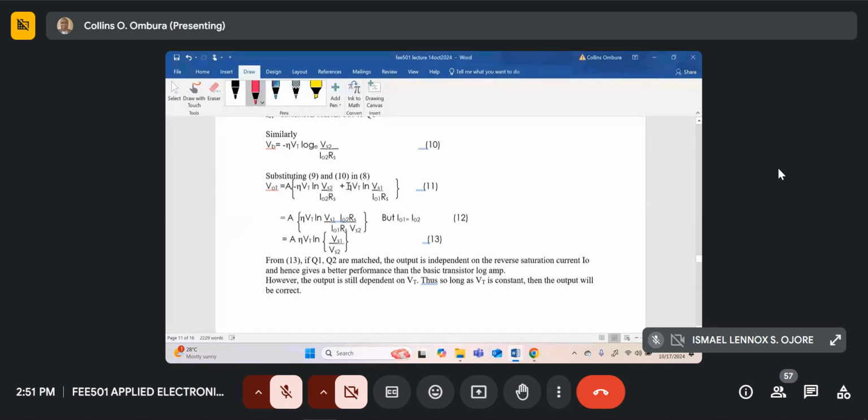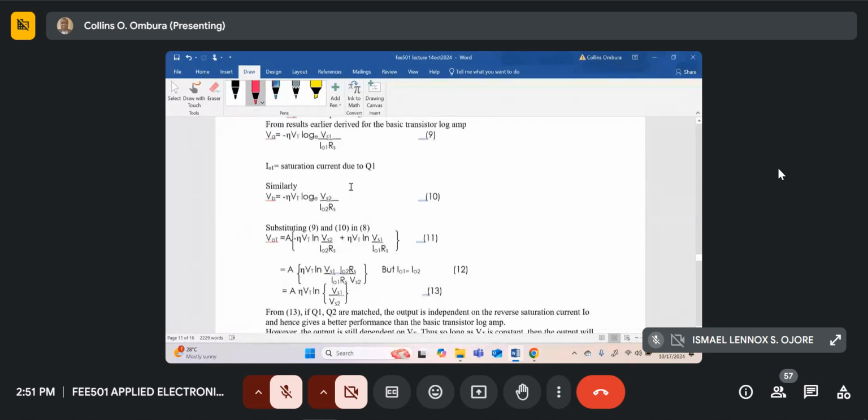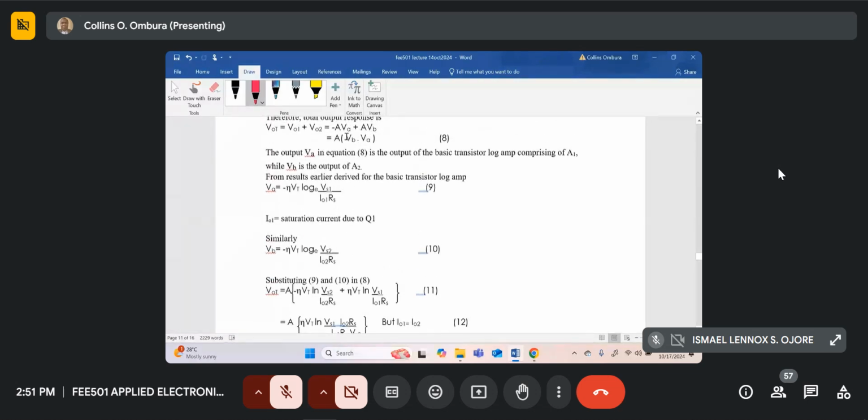That's why the positive sign is coming, because if you use equation 8, it is A into brackets VB, and VB here is equation 10, minus VA. VA is equation 9.